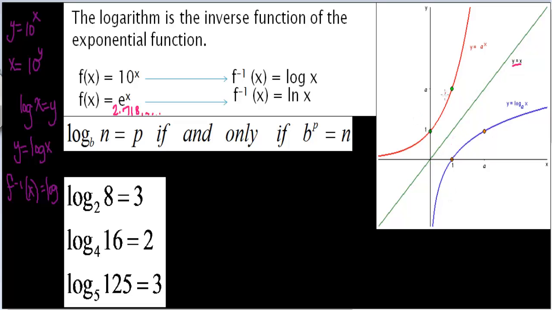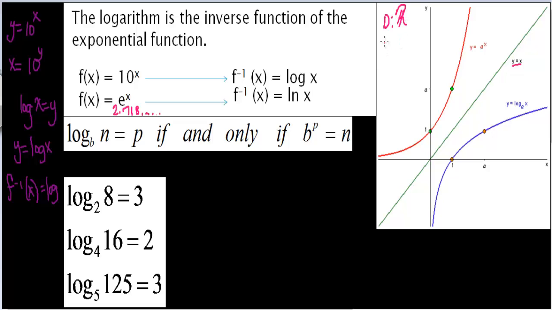Now let's talk about the domain of this exponential function. The domain is all x's from negative infinity all the way to infinity, because I have values for the function at very large negative values and also as x grows towards the positive x-axis. So my domain is all real numbers.